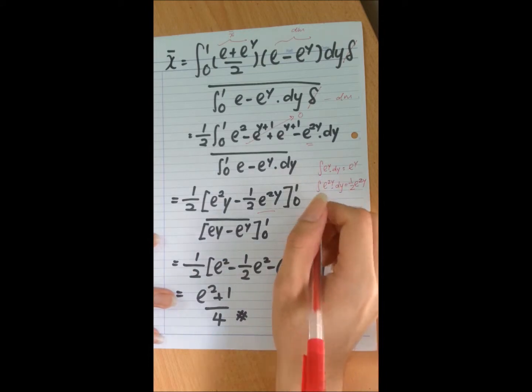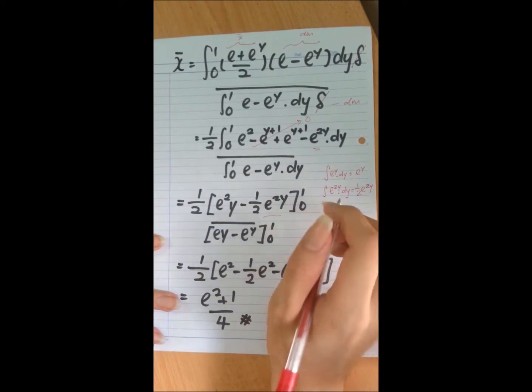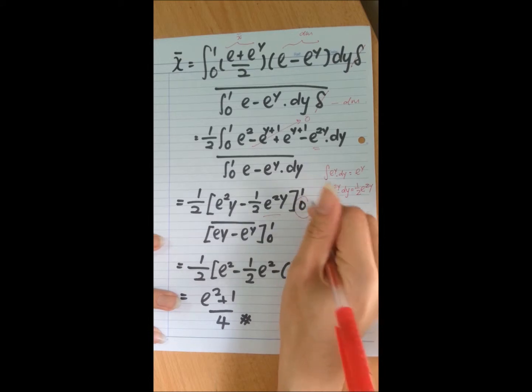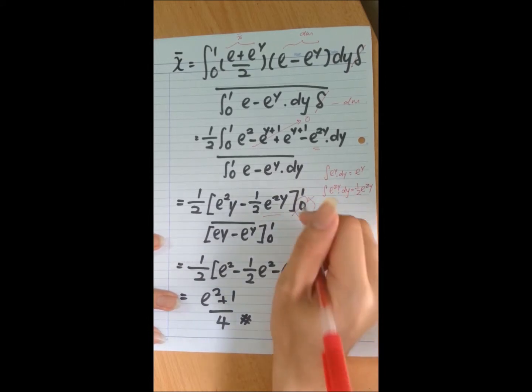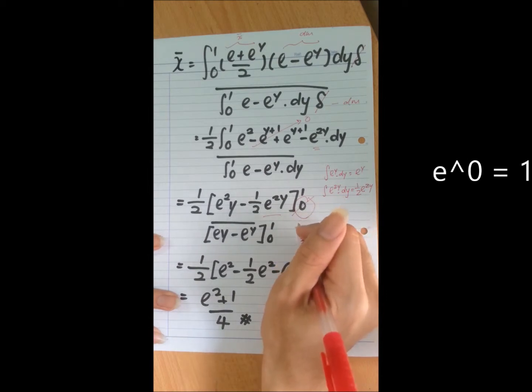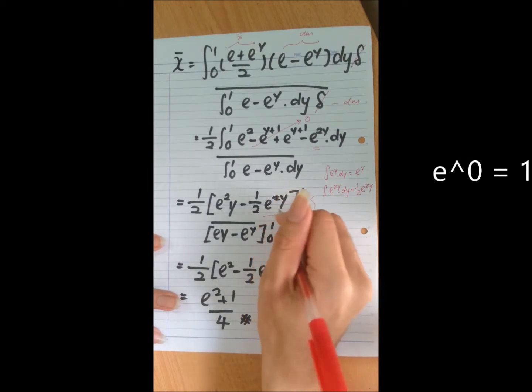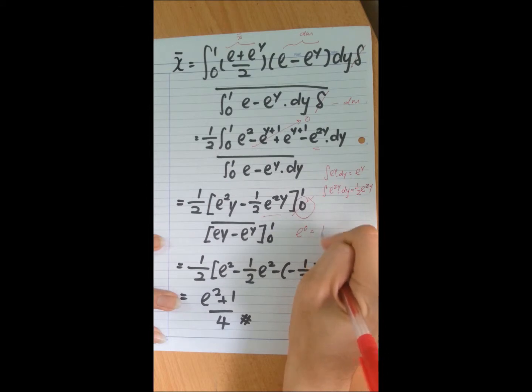Here comes the tricky part, because most people think that one of the limits is 0, and tend to ignore the 0. But over here it would be a big mistake, because e to the power of 0 will give you a 1.